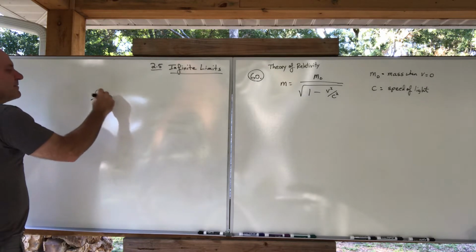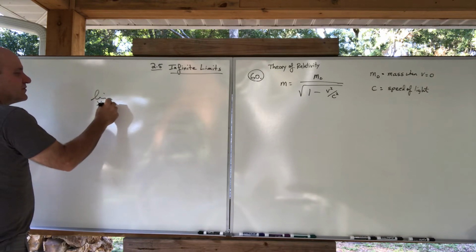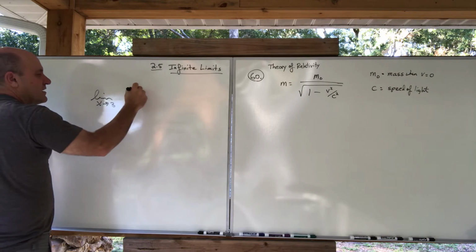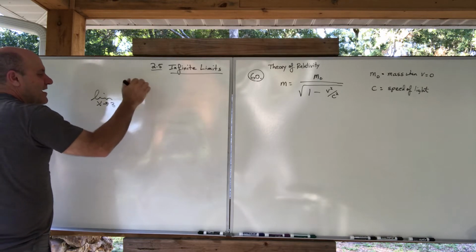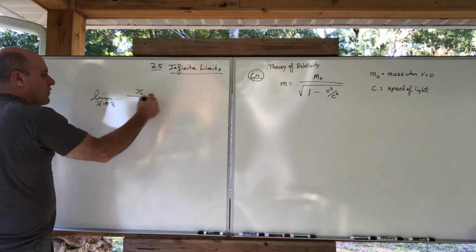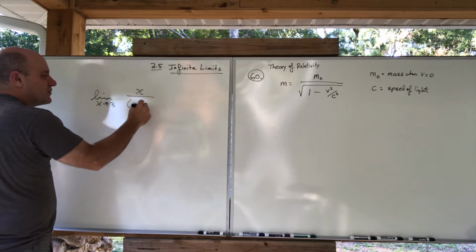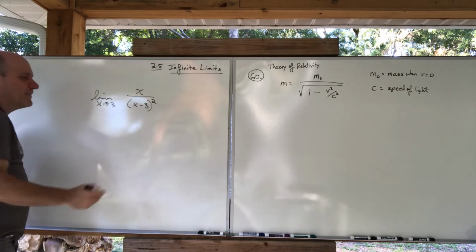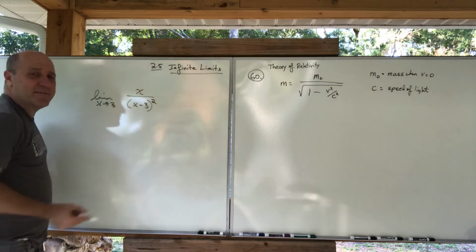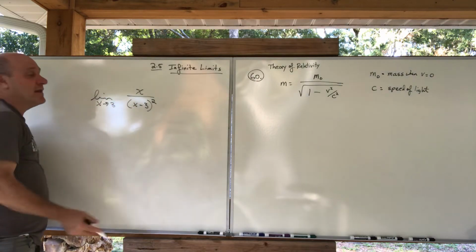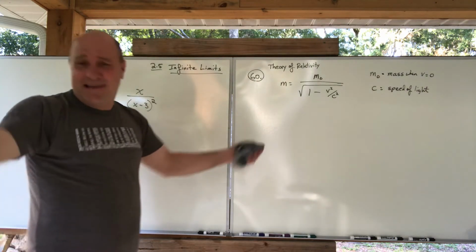Let's see. The limit as x approaches 3 of x over (x minus 3) squared. All right, this is pretty good. What do we do? Step 1, doing a limit: plug in a 3, see what you get. If you get 7/9, the answer is 7/9.